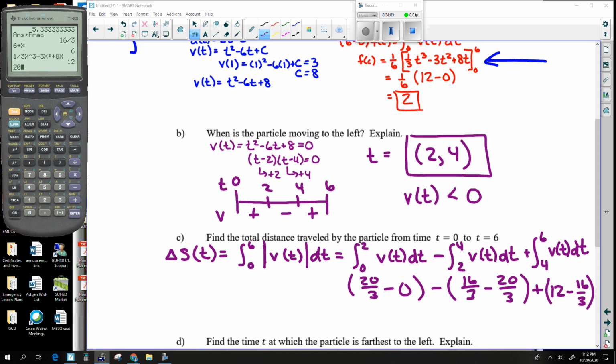Putting it all together, it's 44/3. It's the same thing as 14 two-thirds, depending upon if you're allowed to use a calculator or not.